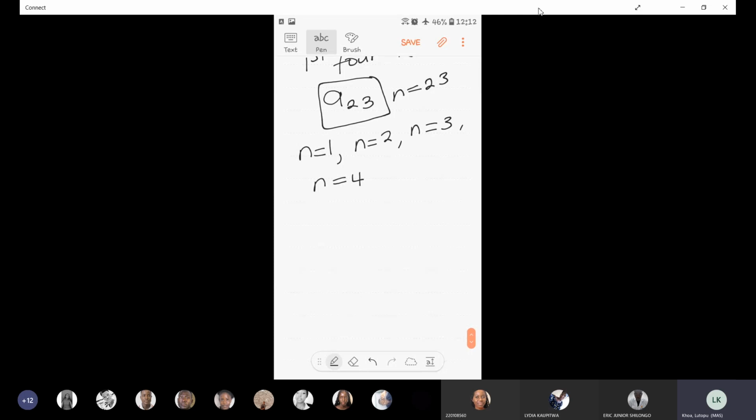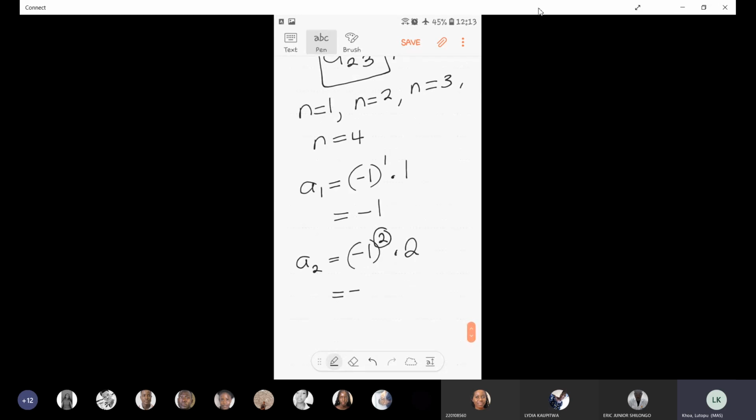So let us work this out. Now a1 is equal to negative 1 to the power of 1 multiplied by n, which is 1. So here the first one is negative 1. Then a2 is negative 1 to the power of n, which is 2, and then you multiply by n itself, which is 2. This gives me positive 2, because negative 1 squared is positive.